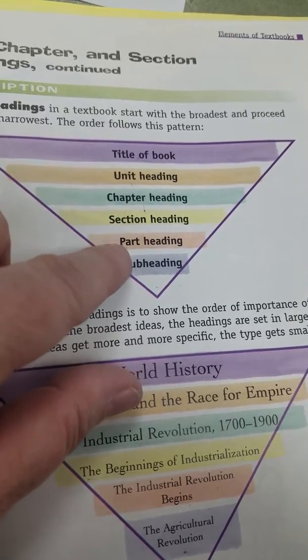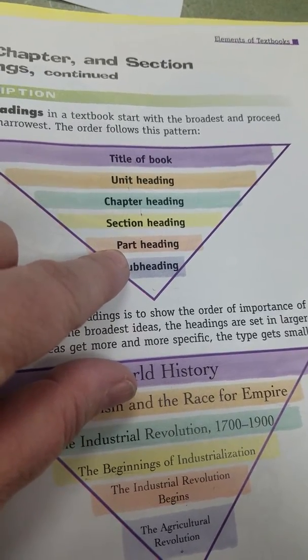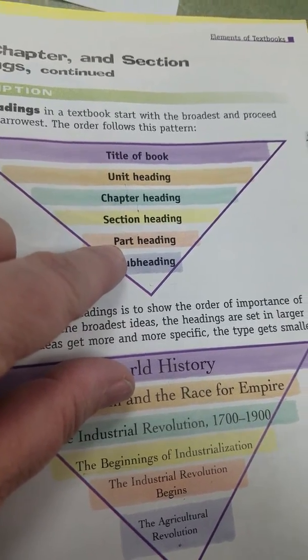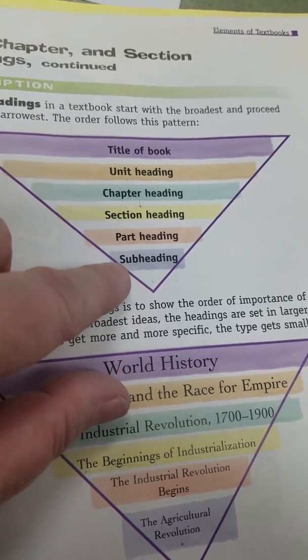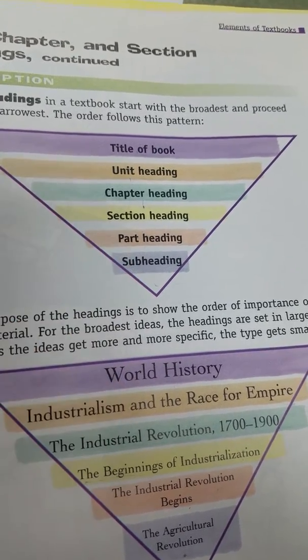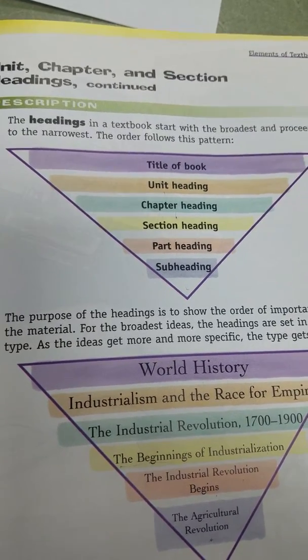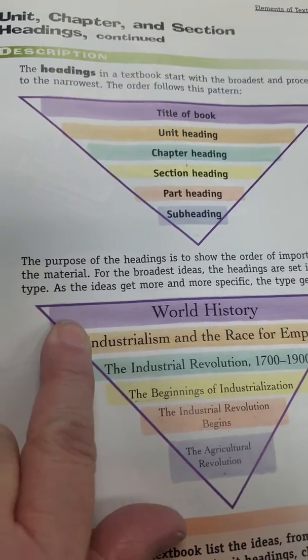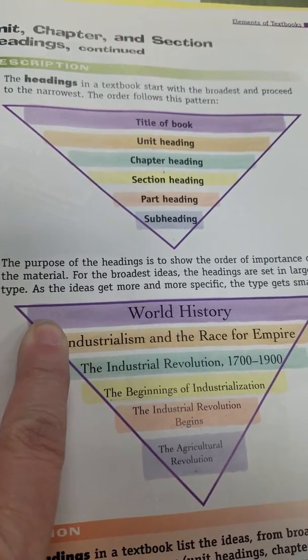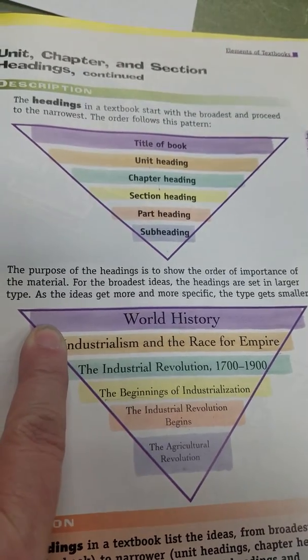Within mitosis, I might look at each of the different phases, and each phase is a part heading. Then my subheading might be something a little more detailed and structured. The purpose of the heading is to show the order of importance of the material.